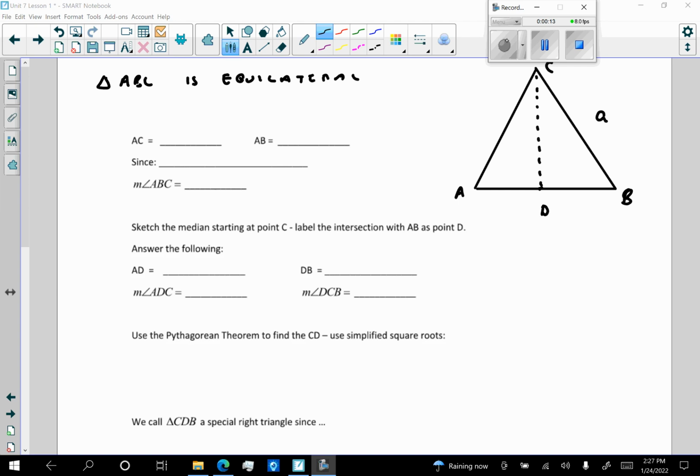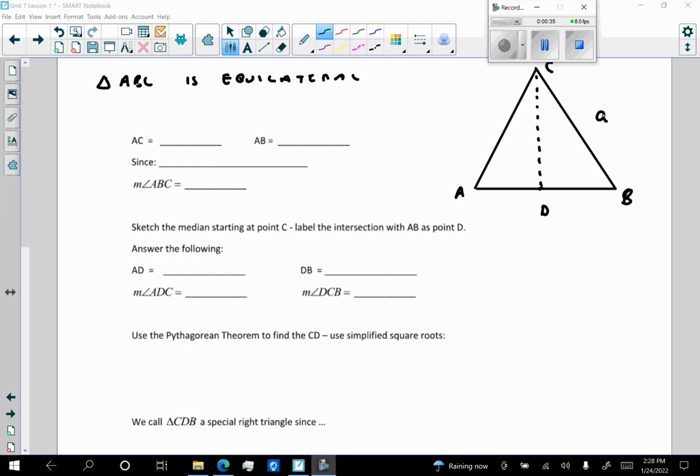Okay, and the page got cut off when I was making this PDF Smart Notebook file. So we are actually on page 150 of our interactive notebook, and it says at the beginning of that page, consider the equilateral triangle ABC, where BC is equal to A. Here we are right here.